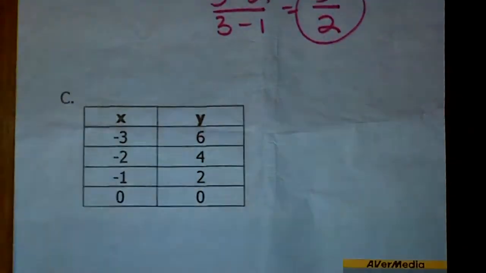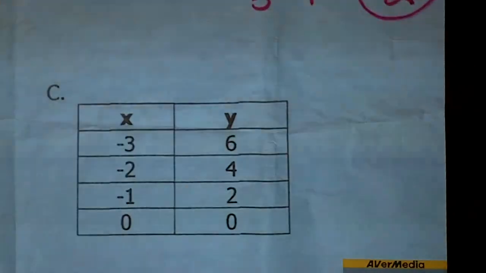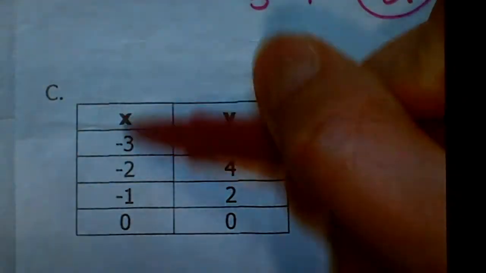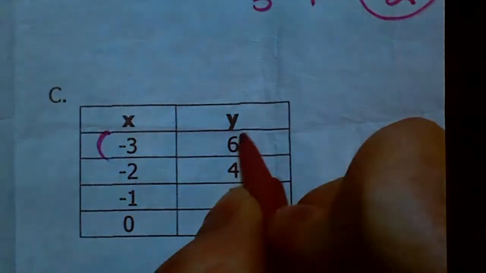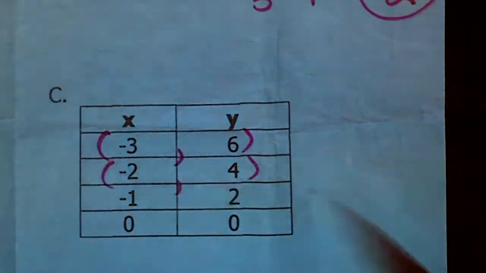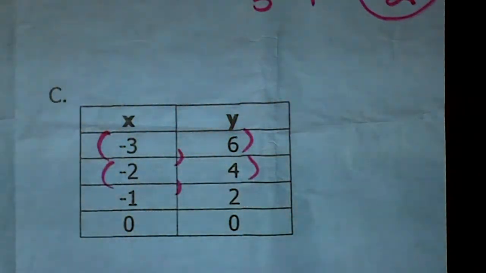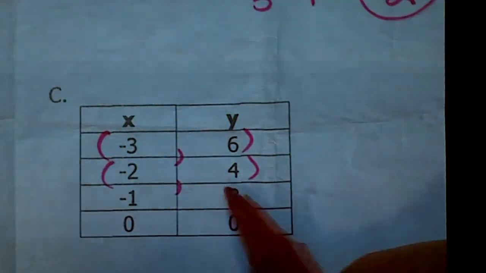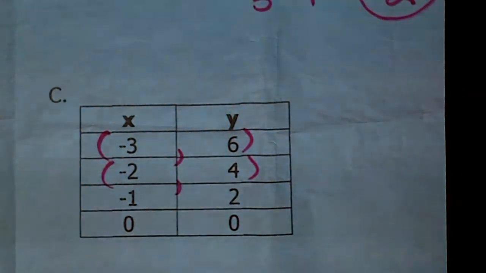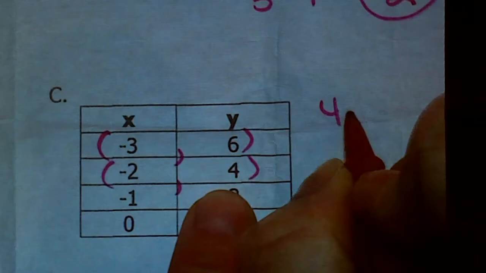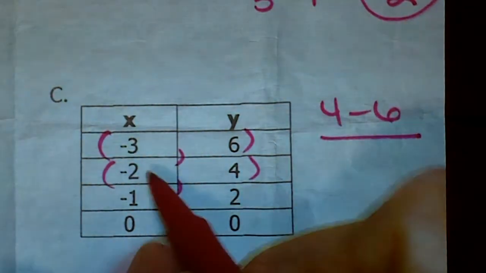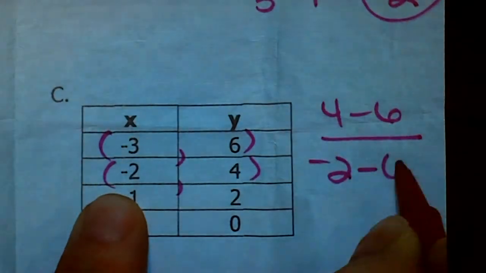One more of the tables. Okay, this one's written differently. It's not any different than the rest. Here are my x's, here are my y's. These are just like ordered pairs on the graph. Right? Do you see that relationship? So when I gave you 2 points, you just took the second y minus the first y and divided that by the second x minus the first x.